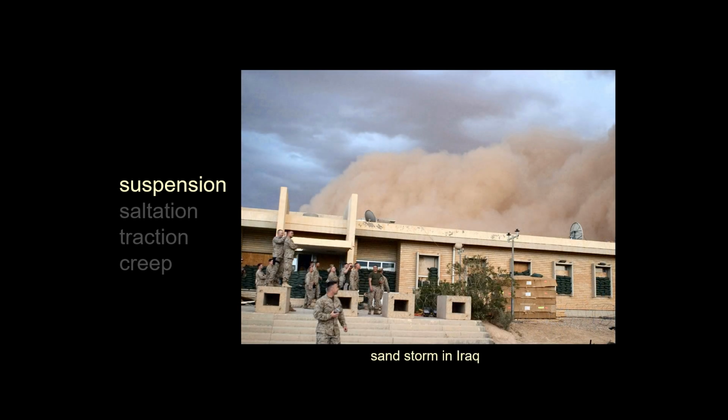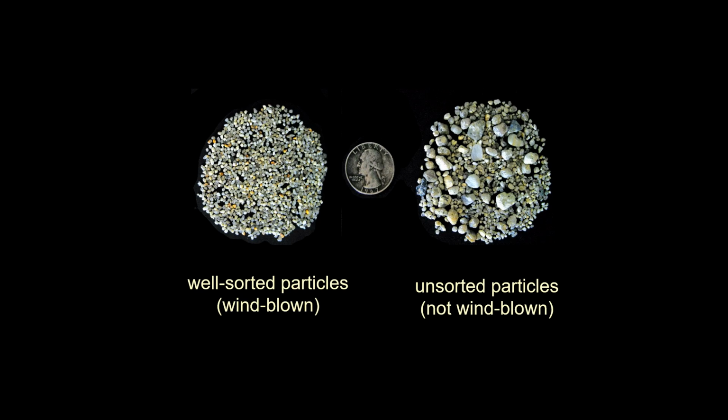Here is an example of a dust storm affecting some U.S. troops at a facility in Iraq. Definitely an example of materials being held in suspension by the blowing wind. We tend to see the aftermath of materials being carried in suspension: the materials become similar to this left-hand view here. Well-sorted materials are wind-blown; they're often of similar sizes.